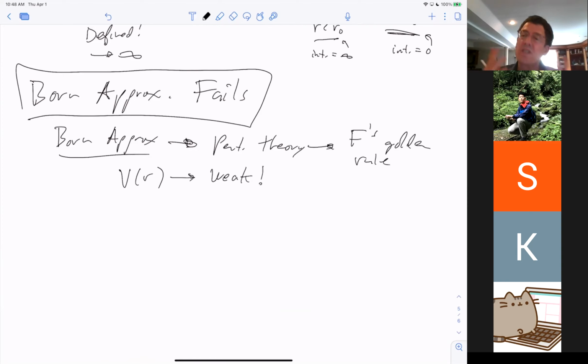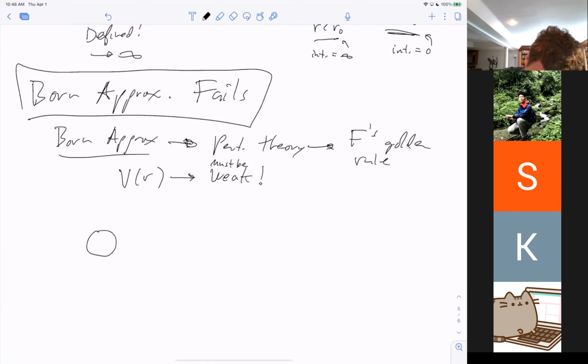Perturbation theory works for weak scatterers, but now we have a strong scatterer. So the hard ball is a strong scatterer. And so it makes sense that the perturbation theory treatment, which was developed for a weak scatterer, doesn't work. So for the perturbation theory to work, the scatterer has to be kind of weak. And so this is what's happening in the Born approximation.